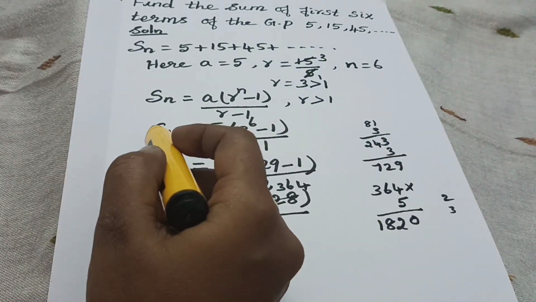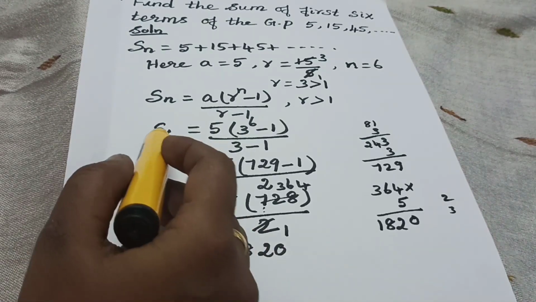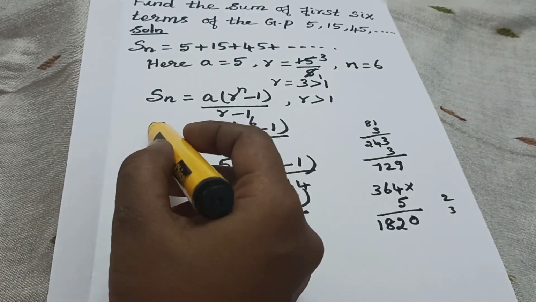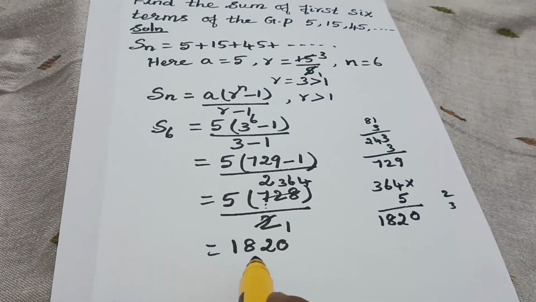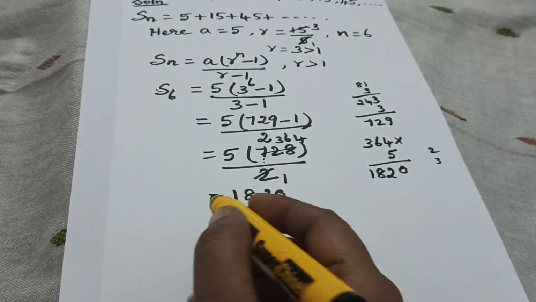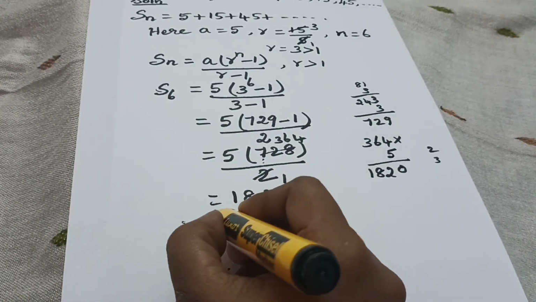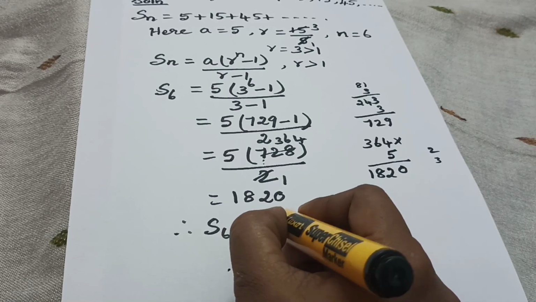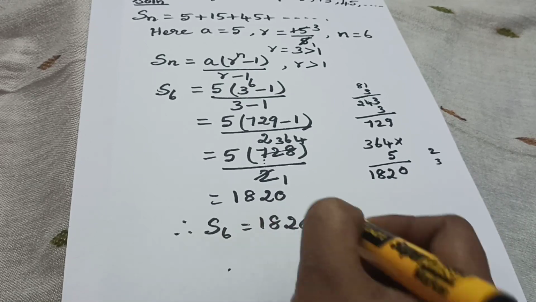Then S6 is the sum of the 6 terms. Very clear. Therefore, S6 is equal to 1820, that is the answer.